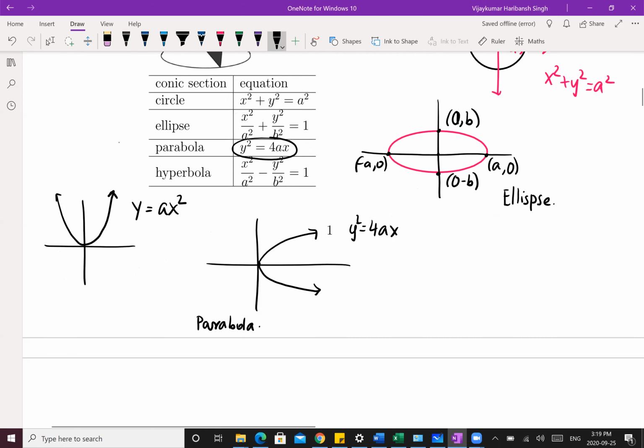Another interesting cross section is a hyperbola, which is given by x squared by a squared minus y squared by b squared equals 1. You can see the similarity between the equations. Between the ellipse equation and the hyperbola equation, the difference is that here there was a plus, here there's a minus, and this is how it looks.